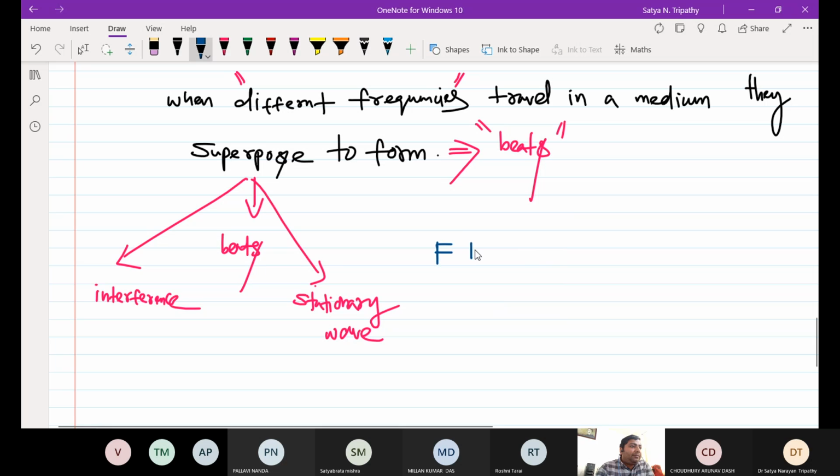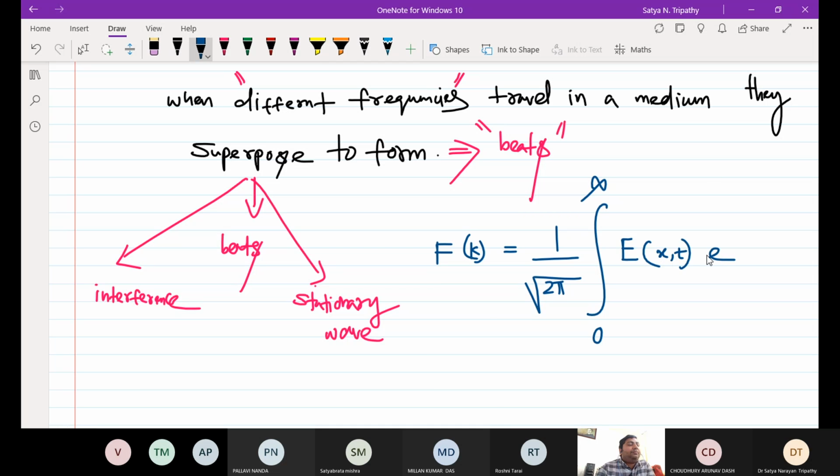So f of k is 1 by 2 pi, integral from 0 to infinity of E(x,t) e to the power i k x dx.